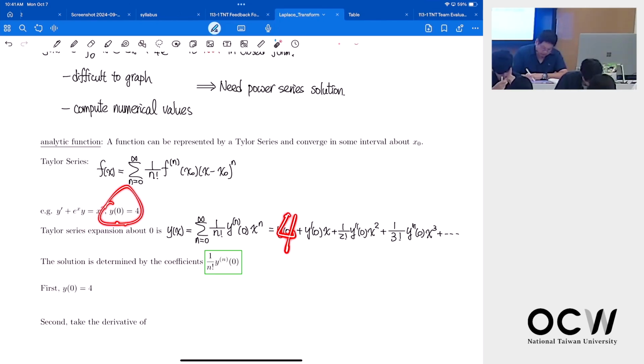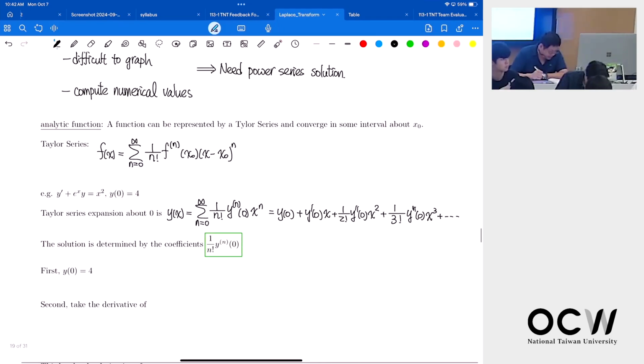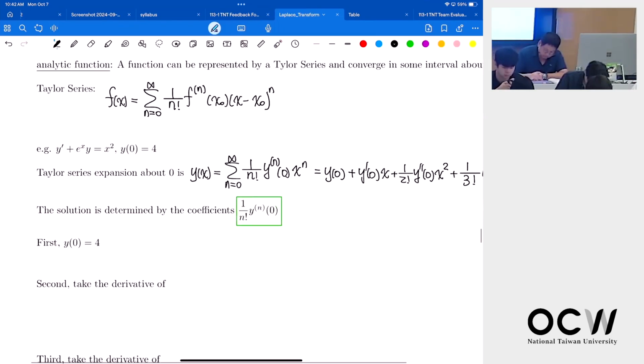Okay, and we can also plug in x equals 0. So when x equals 0, bring this back to the original differential equation.